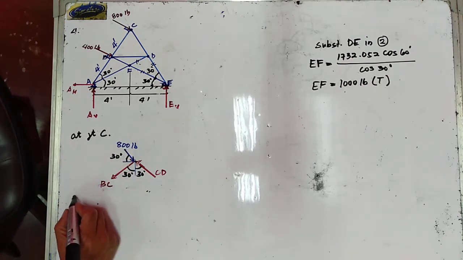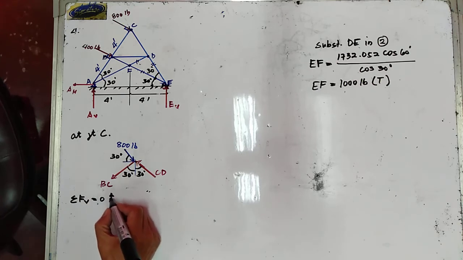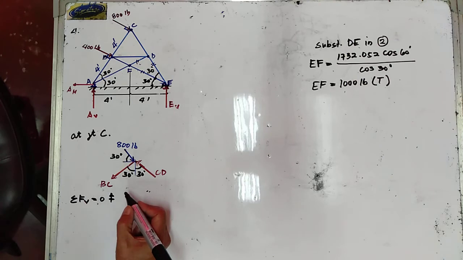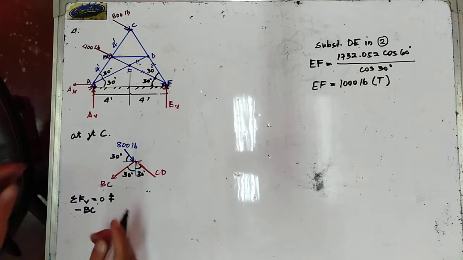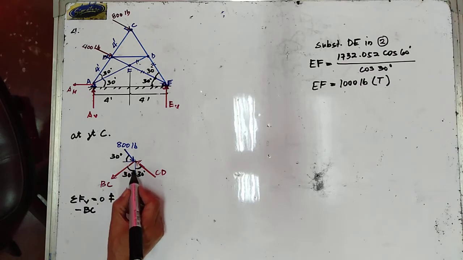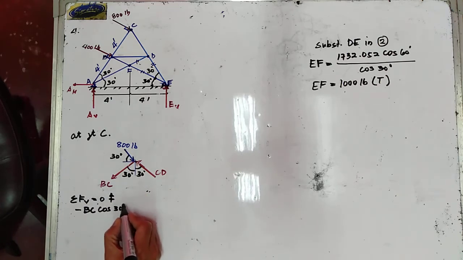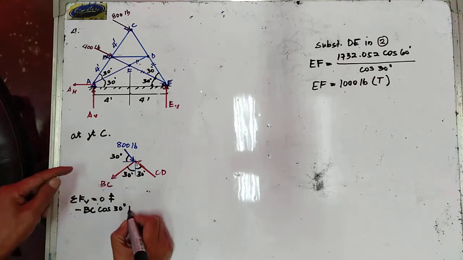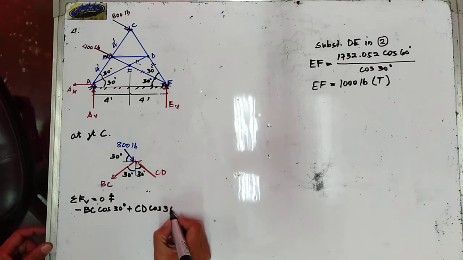Now, summation of forces vertical is equal to 0, upward forces positive. So we have minus the vertical component of BC, which is BC cosine of 30 degrees, since the 30 degrees is included in the vertical axis. Plus the vertical component of CD, we have cosine of 30 degrees.